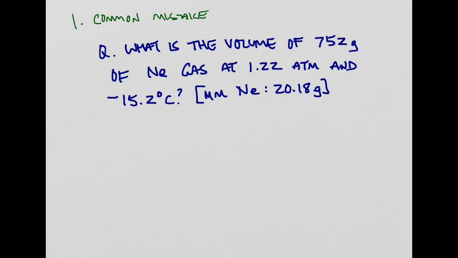But keep in mind that it wasn't that long ago that whenever you saw a volume of a gas, that triggered in your mind that you needed to use the idea that 22.4 liters of any gas is 1 mole of that gas at STP.